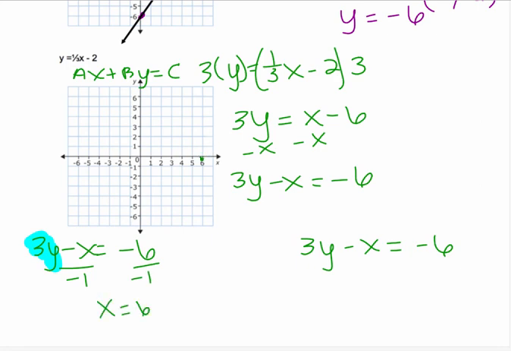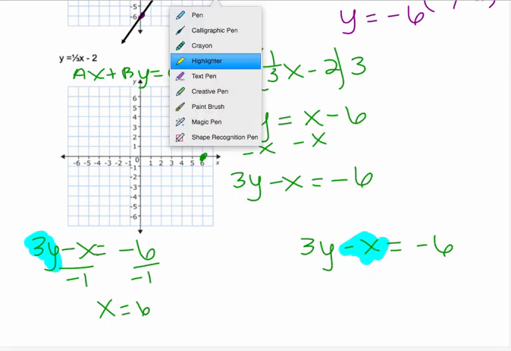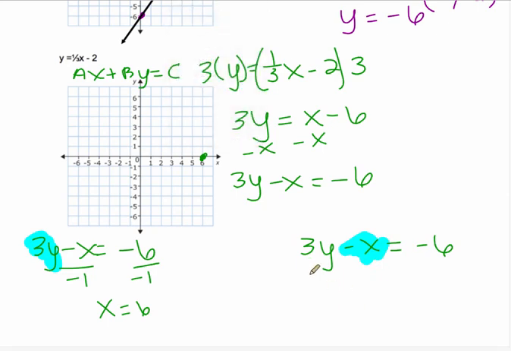So that's my x-intercept. And then to find my y-intercept, I cover up my x and solve for y. Divide by 3. Divide by 3, y equals -2. So -2 here. And now I can draw my line.